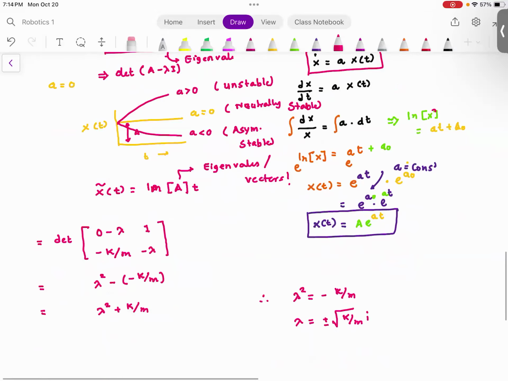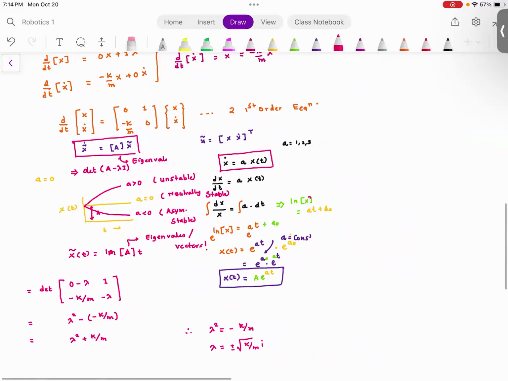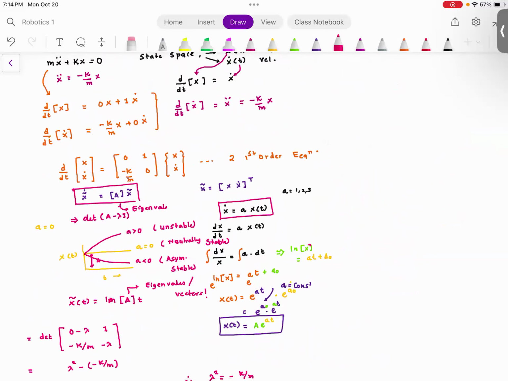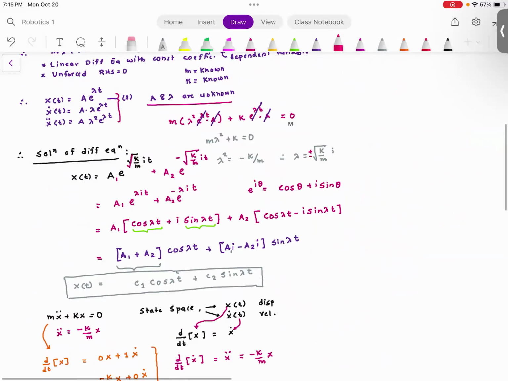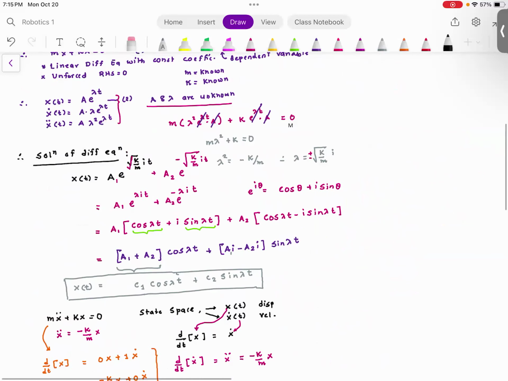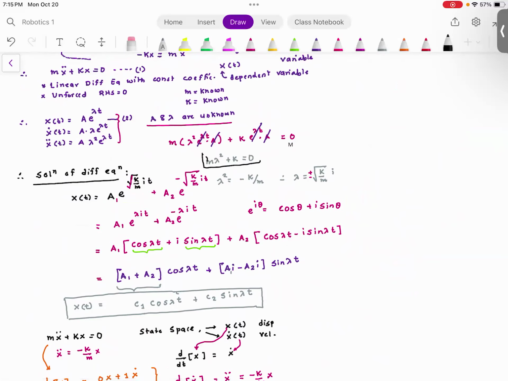So please understand, the way we solved the differential equation, whatever answer we got for lambda, this equation is nothing but the eigenvalue problem that you study in linear algebra.